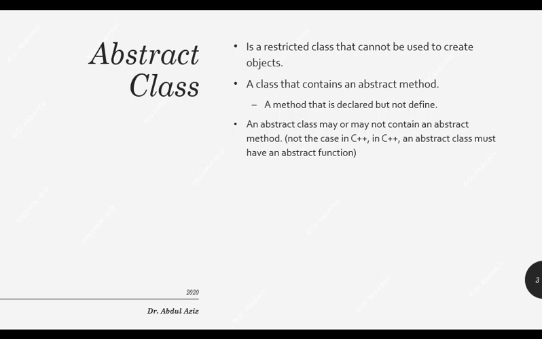In most languages we have an abstract keyword, and whenever this keyword is used at the time of the definition of the class, it makes that class abstract. But in C++, there is no such abstract keyword. Therefore, specifically in C++, we need to add an abstract method in the class so that the class can become abstract as well.